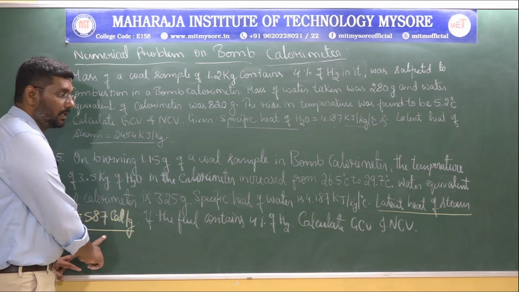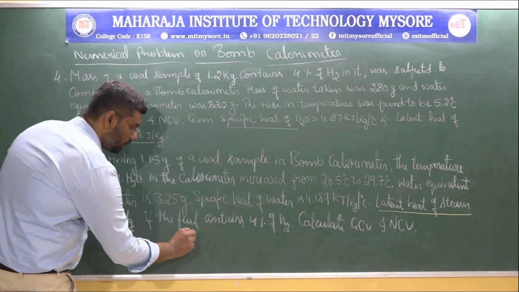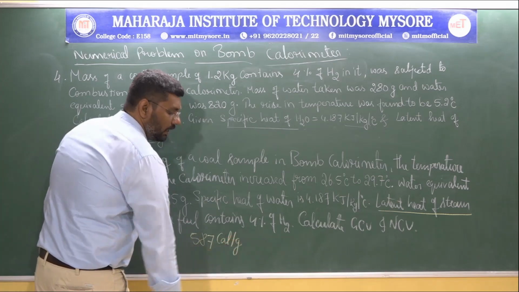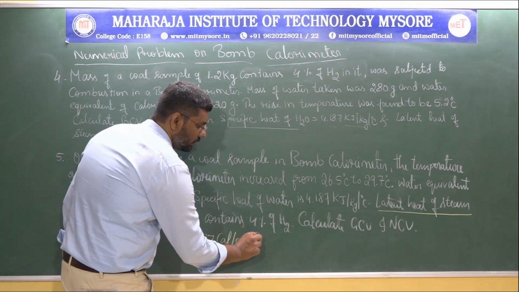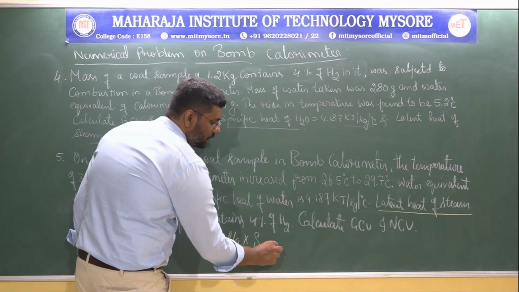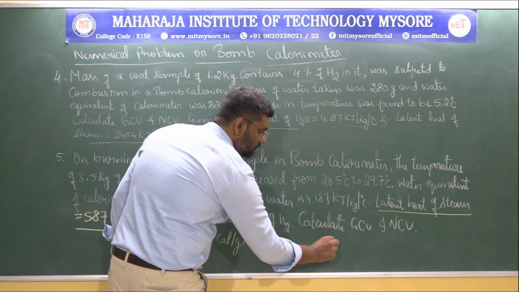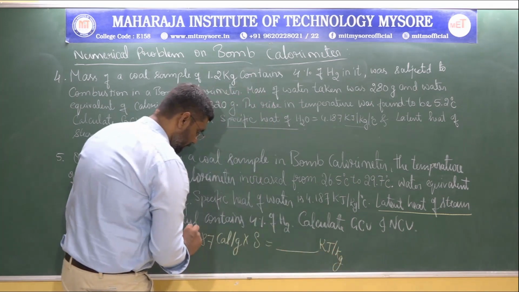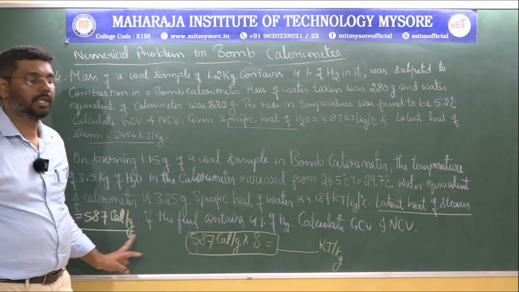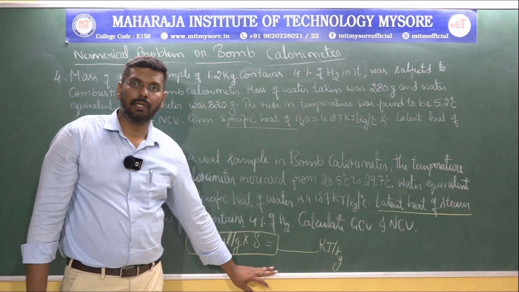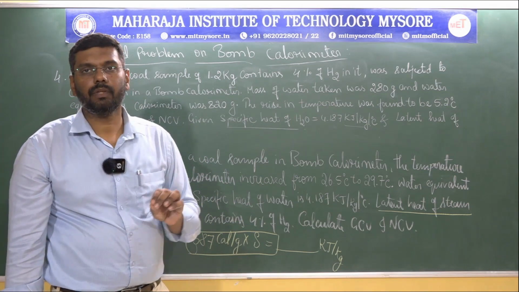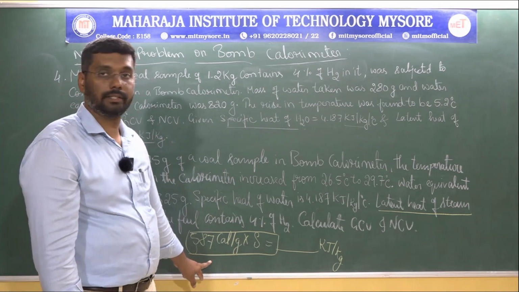You need to multiply the latent heat of steam, that is 587 calorie per gram, by 4.187, the specific heat, which will give you the value in kilojoules per kg. So always remember this: in case the latent heat of steam is provided in calorie per gram, you have to multiply it by the specific heat to convert calorie per gram to kilojoules per kg. This is very important, that's why I have highlighted it.